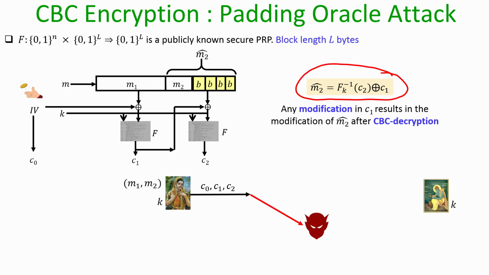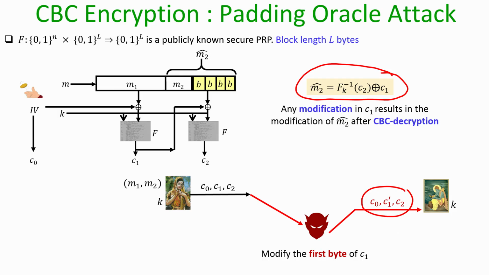Now, what this adversary does is it intercepts this ciphertext and produces a new ciphertext by replacing the first ciphertext block with another ciphertext block C1 dash, where C1 dash is different from C1 only in the first byte. And it waits to see the response of the receiver, namely what exactly is the output of the decryption algorithm at the receiving end.